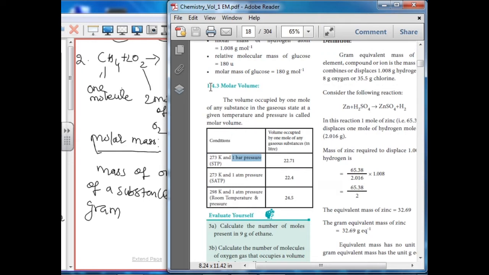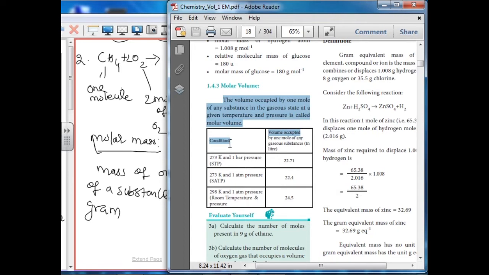Next we are going to see molar volume. Molar volume is the volume occupied by 1 mole of any substance in the gaseous state at a given temperature and pressure. This is the next 2-mark question.